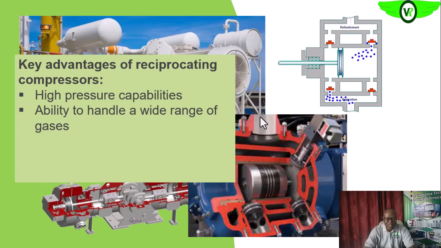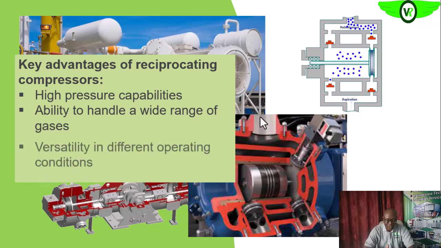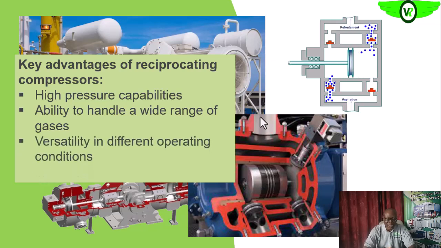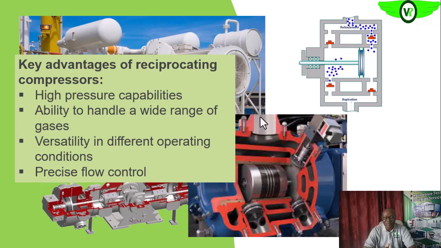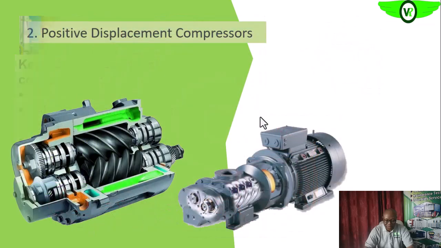So that means that it could have a wider range of application also on various gases. And you can also use it in various operating conditions. Then the flow can be controlled, especially when you have a stabilization vessel in there.